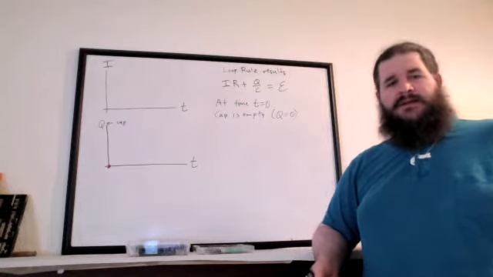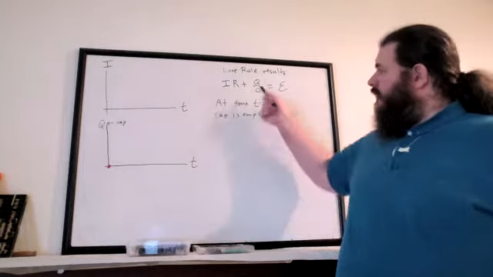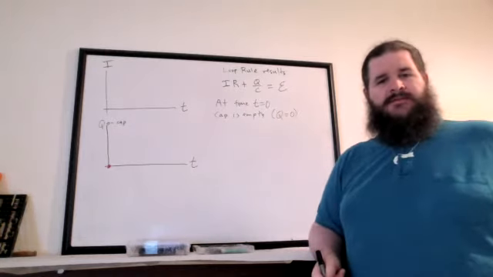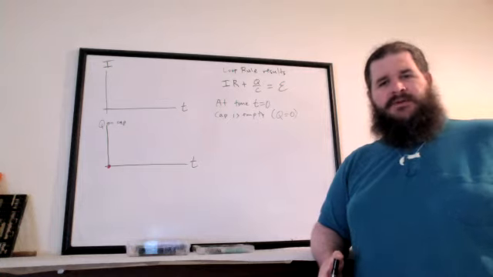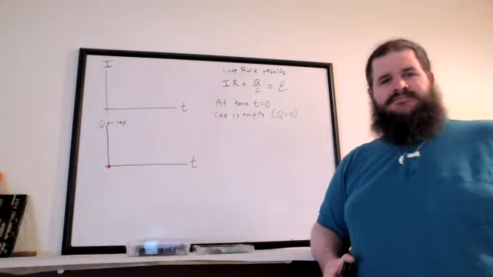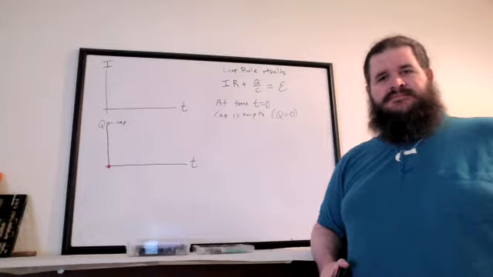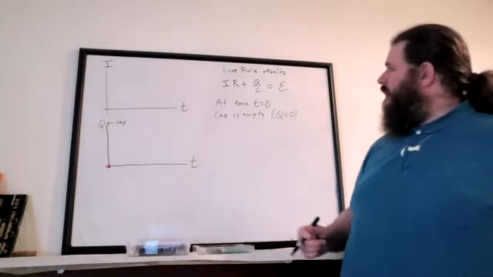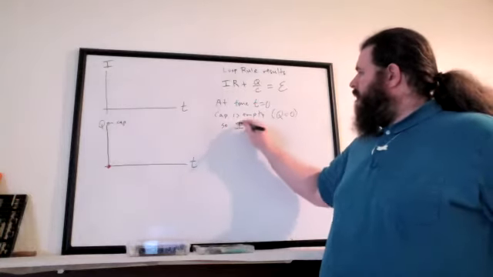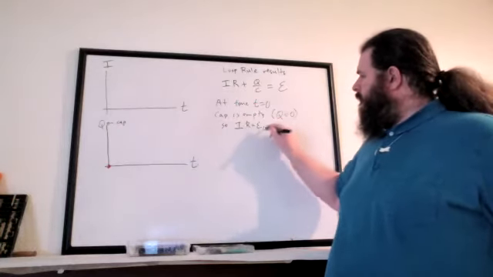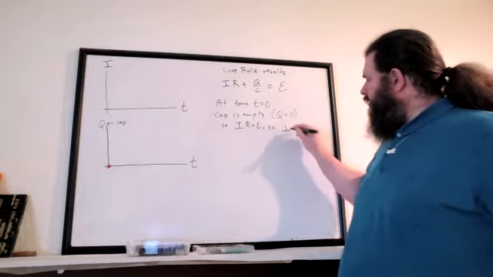And we could even find how much current. If we plug in 0 for charge, what does the loop rule become when we replace Q with 0? Just epsilon over the resistance. Yeah, because all that's left is IR equals epsilon. So current is going to be epsilon over R.